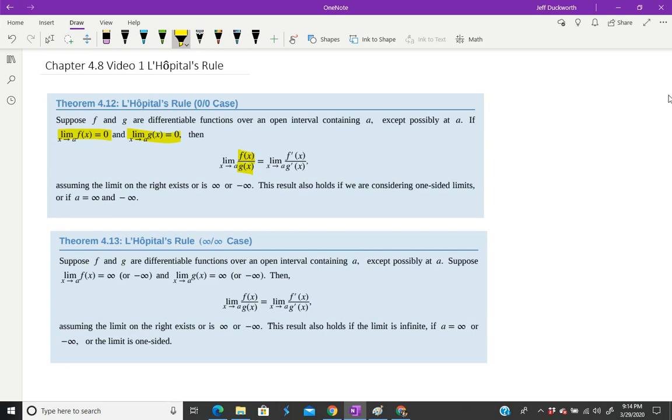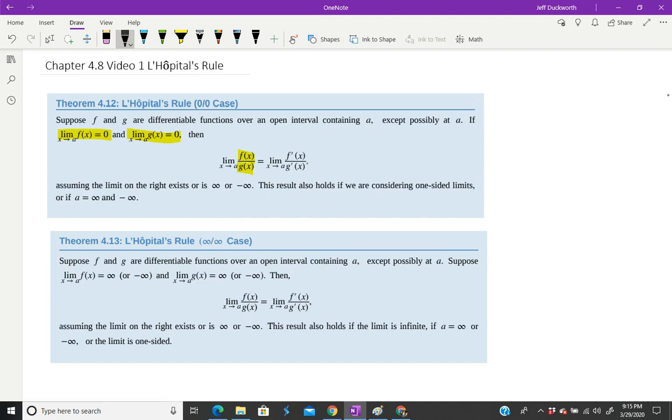So if you look at our notation here, we have f prime of x, so just the derivative of f, and g prime of x below.